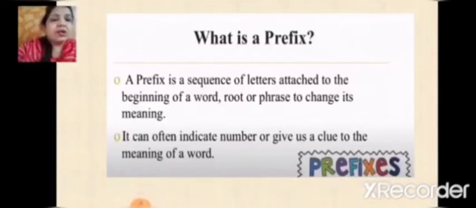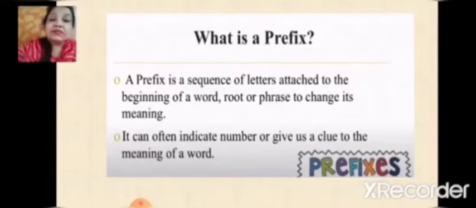A prefix is a sequence of letters attached to the beginning of a word, root or phrase to change its meaning. It can often indicate numbers or give us a clue to the meaning of a word. Something like the way we say bicycle. Bi, that's B-I, it means 2, right?